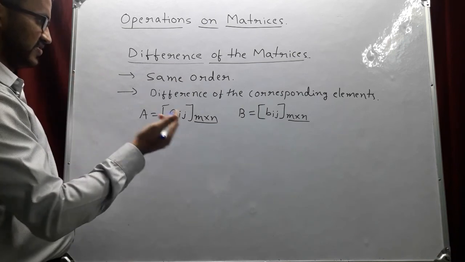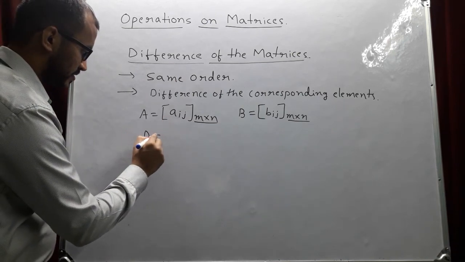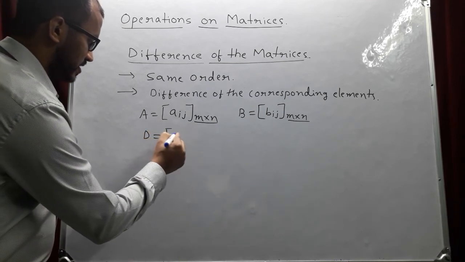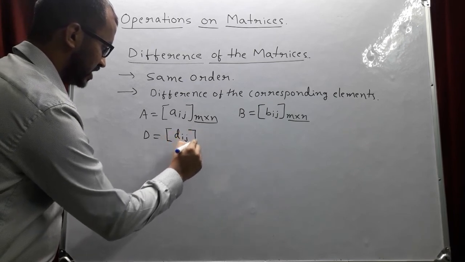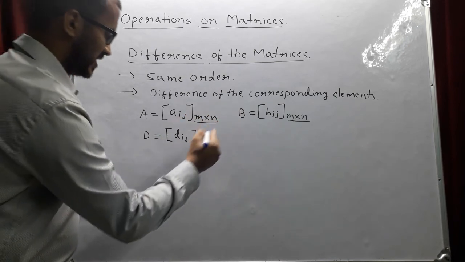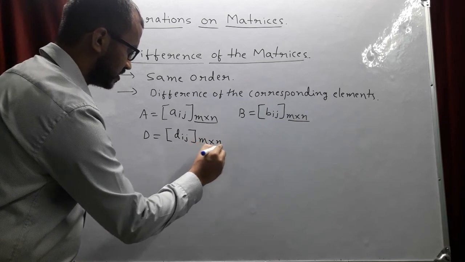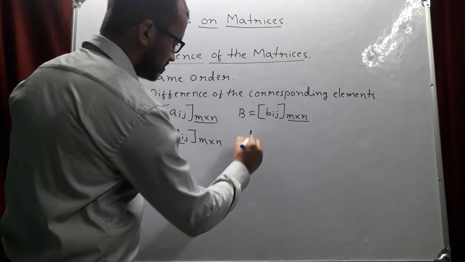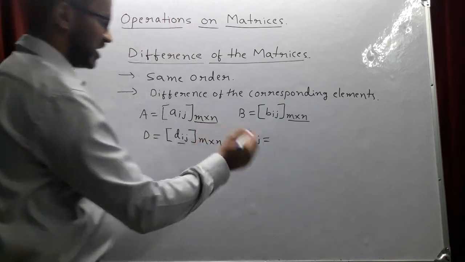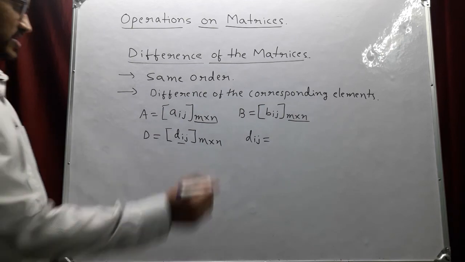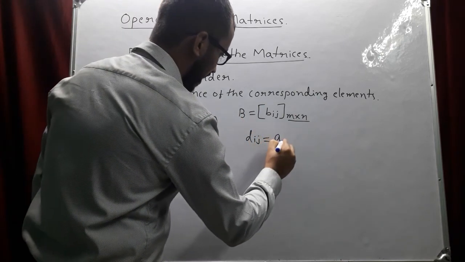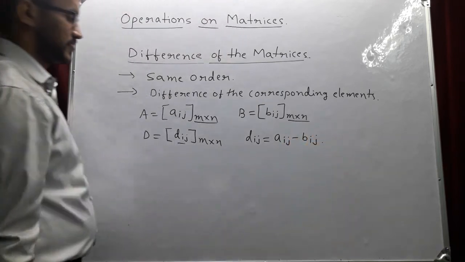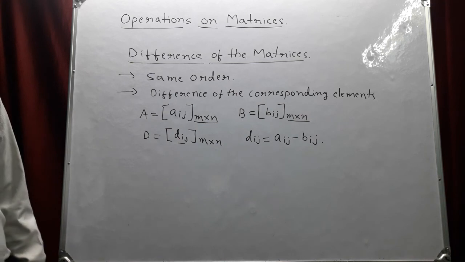Let us write the difference of the matrices as D, with elements Dij. The order will be the same, that is m by n. How to obtain these elements Dij? We have to find the difference of the corresponding elements, that is Aij minus Bij for all values of i and j.